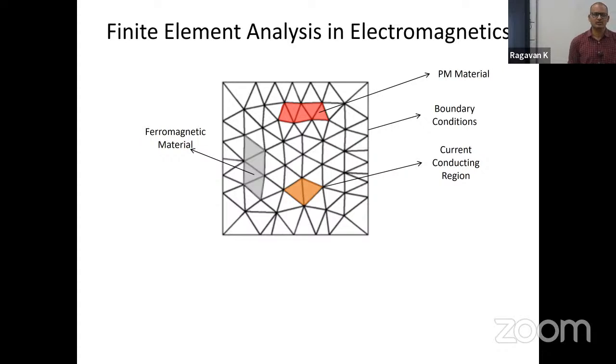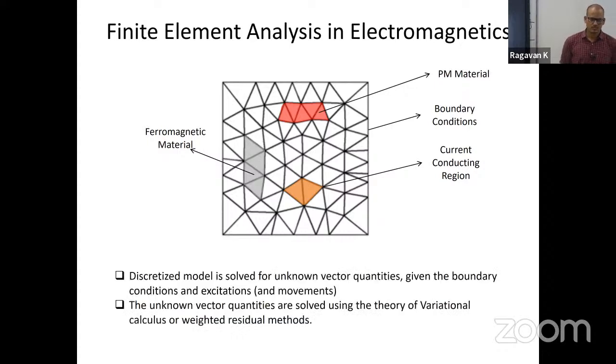So what we essentially need to provide is these material excitations and boundary conditions, and the circuit level connections. Once we define this, it becomes a closed problem and we can solve for the solution. We use discretized models, that is, we break the domain into small triangles and assign nodes to each set of triangles.